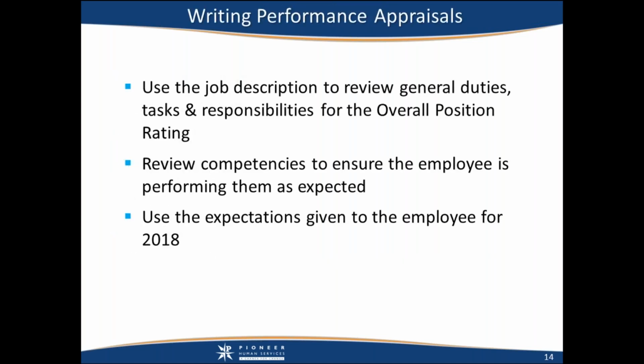Once you're ready to begin filling out the appraisal form, you can copy and paste certain sections from the 2018 expectations form to save time. For instance, you can copy the goals section of the 2018 expectations form and paste it into the 2018 appraisal form. Be sure to add examples with as much detail as possible and clearly indicate whether a goal was attained or not and to what degree.